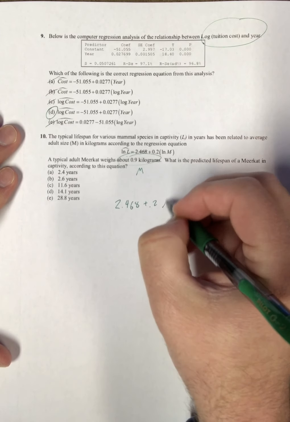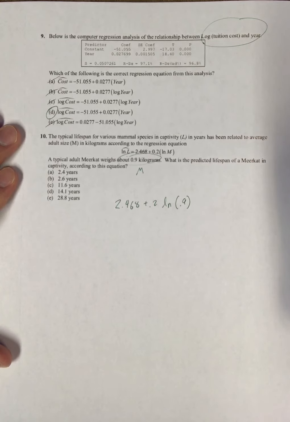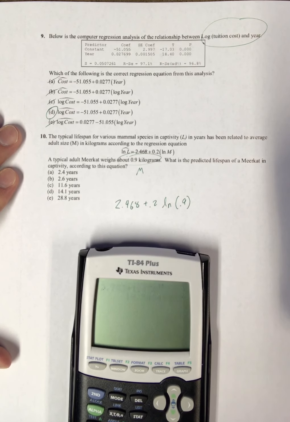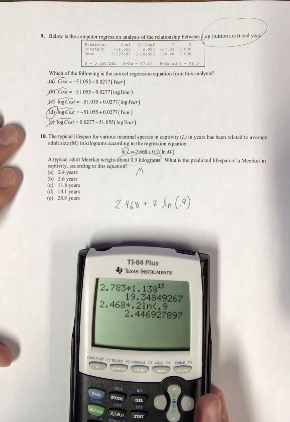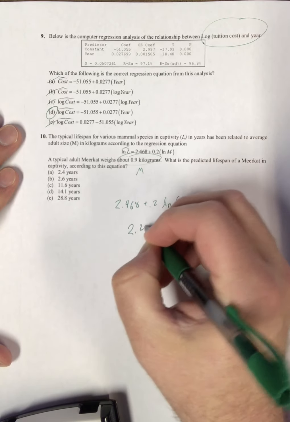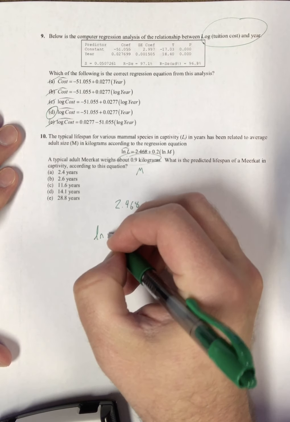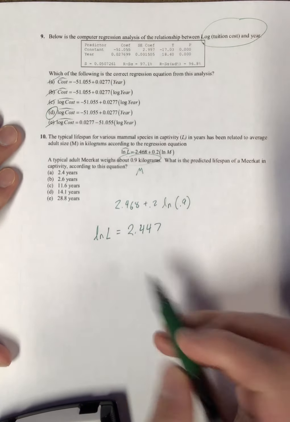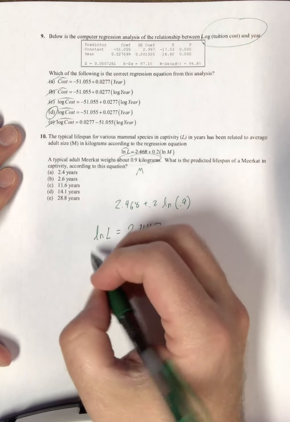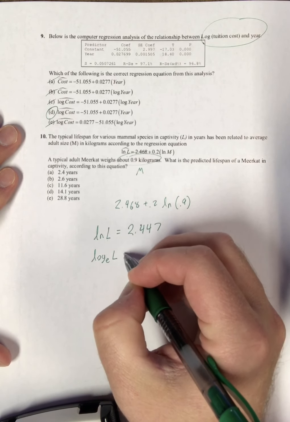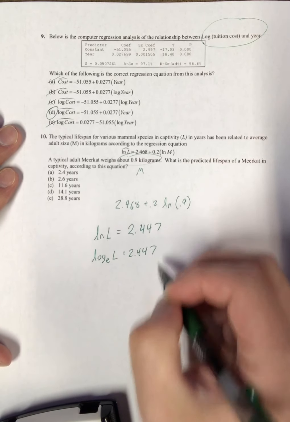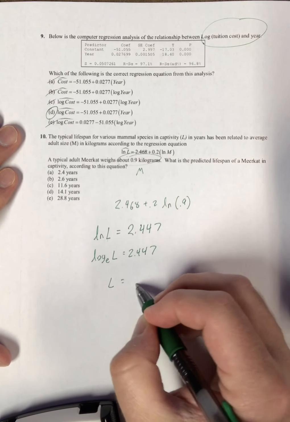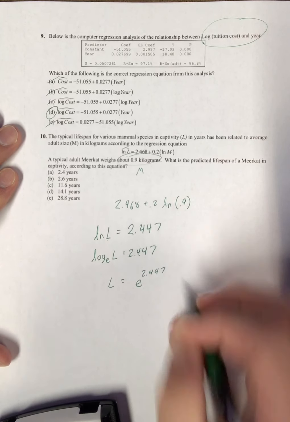2.468 plus 0.2 times the ln of 0.9. Let's just throw that in the calculator here. I am getting 2.447. Of course, that is equal to the ln of L. In order to get L by itself, ln is really log base e of L. So using log properties, this would become L equals e raised to 2.447.